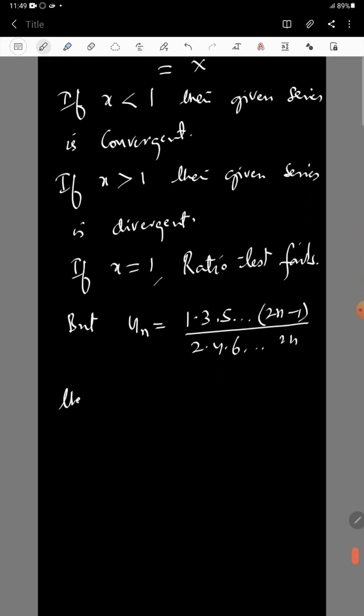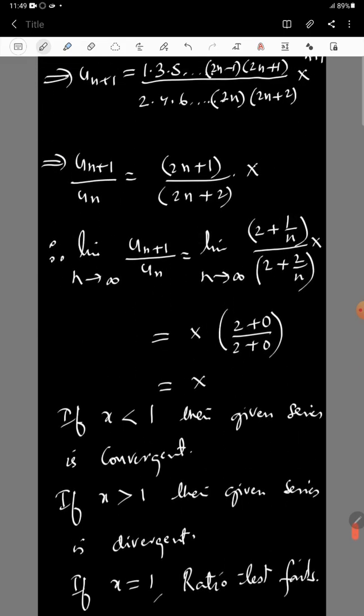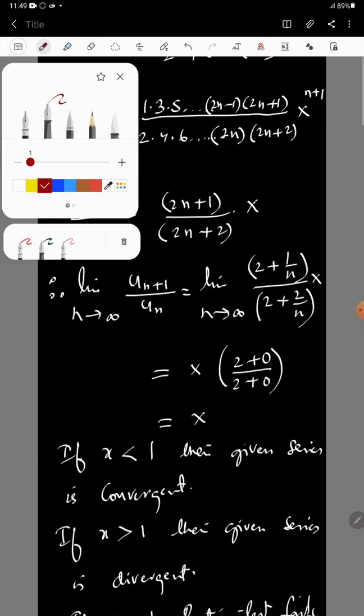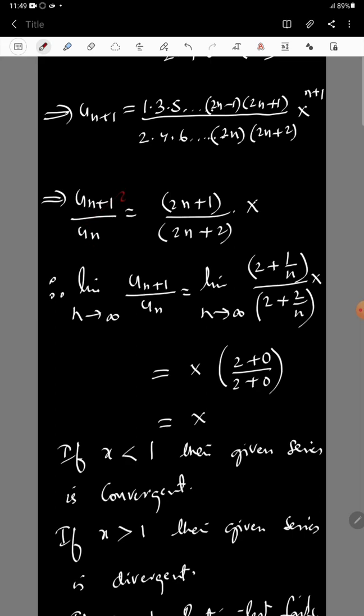Then un by un plus 1. I am taking now from this calculated work. We have here, I am going to show that one here. This un plus 1 by un is ready with that. So when x is 1, this is not there.